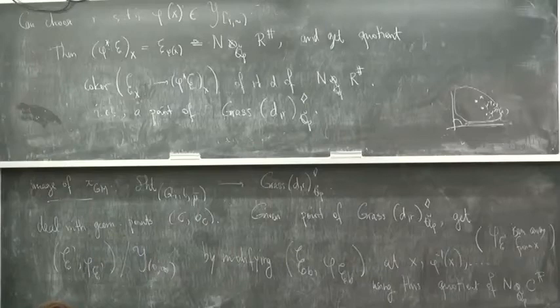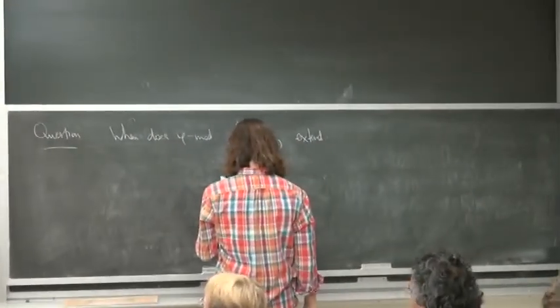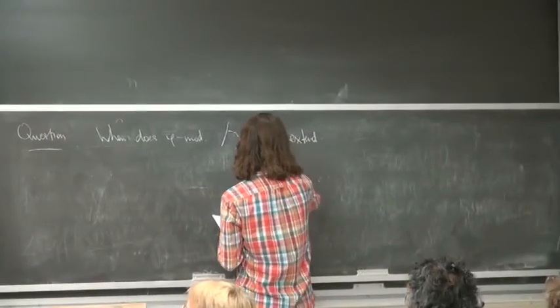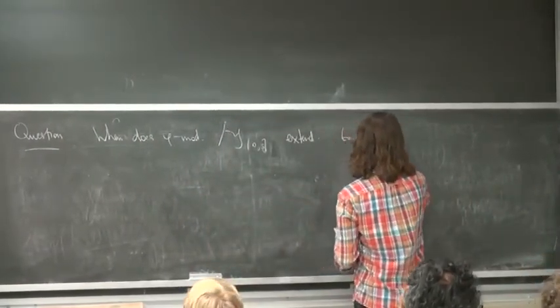So let's ask ourselves a question. When does the phi module over y0 infinity, or let's just take some small s, extend to 0?